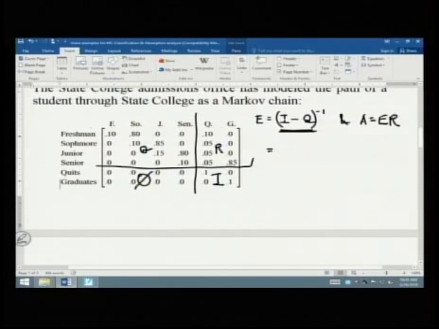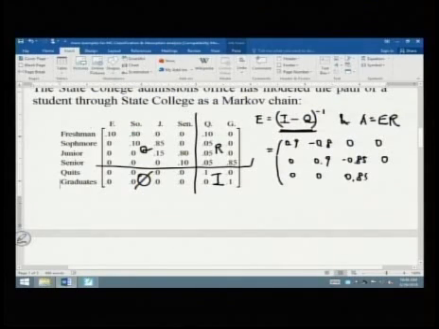So that's going to be 0.9, negative 0.8, 0, 0, right? Then 0, 0.9, negative 0.85, 0, then 0, 0, 0.85, negative 0.8, then 0, 0, 0, 0.9.